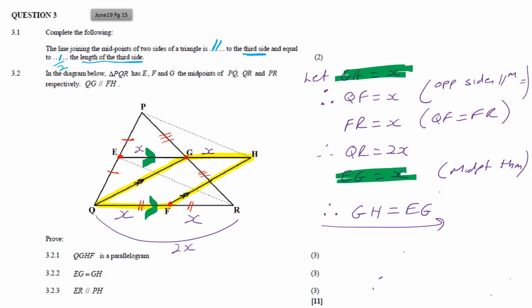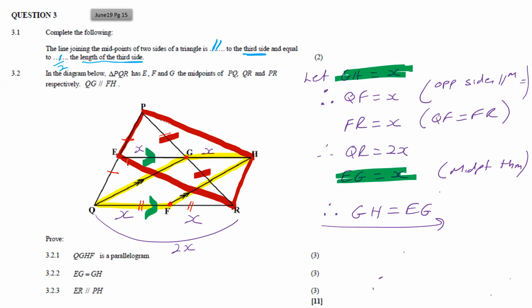All right, so let's highlight ER. Let me use another striking color so that you don't miss it. So there's our ER and PH. Now, if we complete the diagram, you'll notice that PG was given to be equal to GR because G was a midpoint.